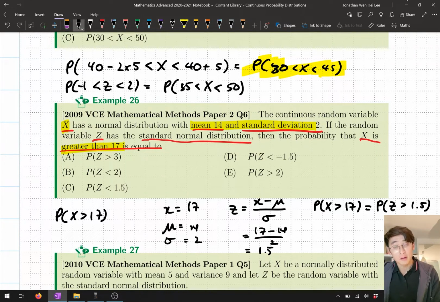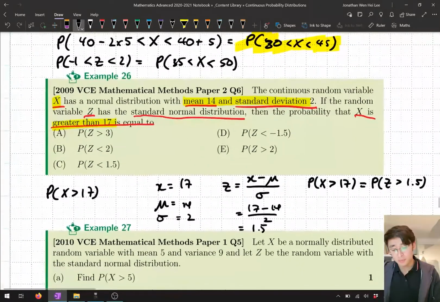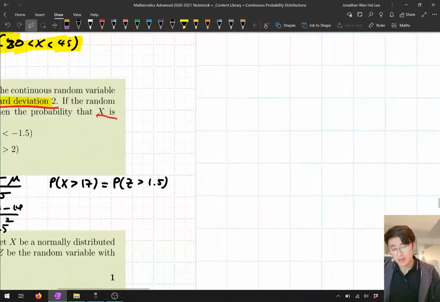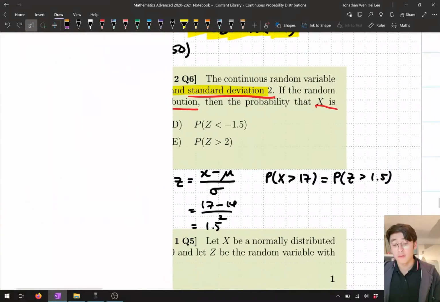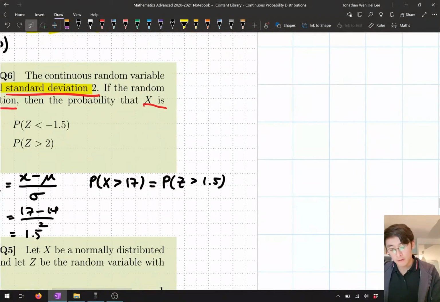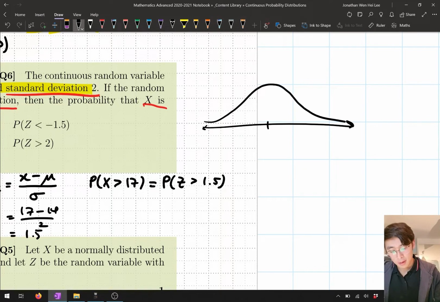Okay, now, if you have a look at all my results, z is greater than 1.5 is not on any of these particular scores. And so what I need to do is go, okay, well, then I just need to refer back to my symmetry. If I've got my normal distribution and my mean is here, actually let's draw this for our standard normal distribution.